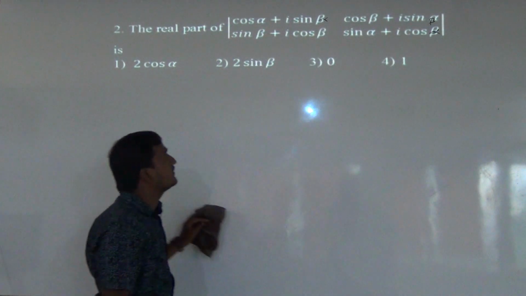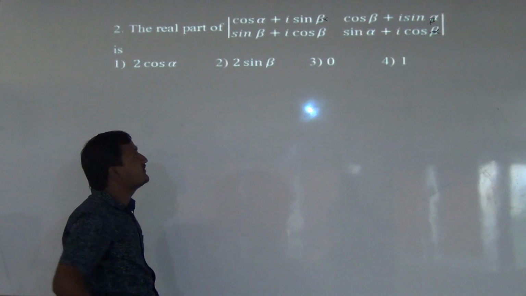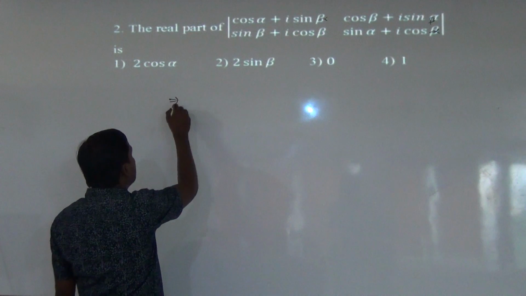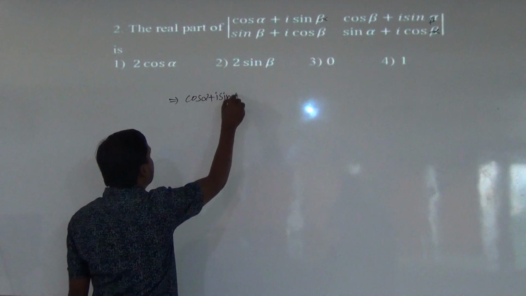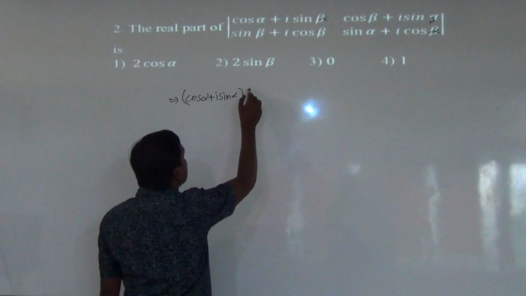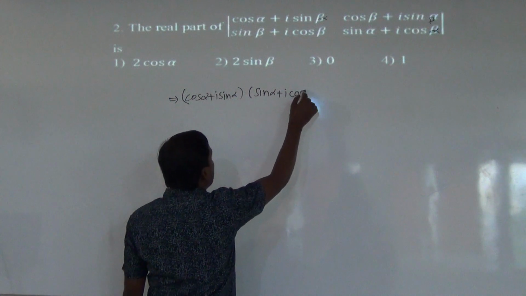So the determinant of this one is again AD minus BC.